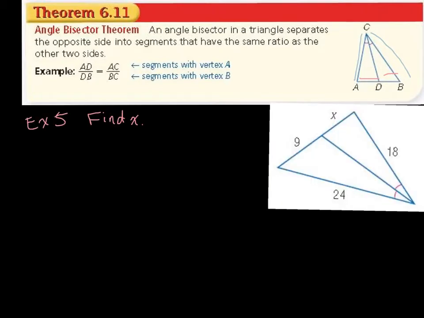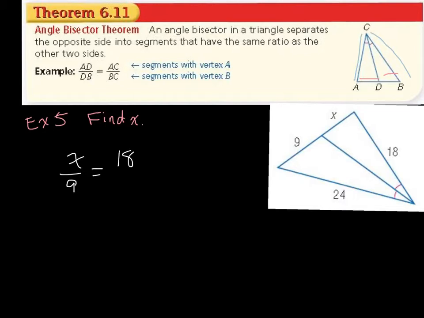I like simple directions. They just said find x. So using Theorem 6.11, we could set up a proportion that x is to 9. So that's bottom part to bottom part. The side adjacent to the x here is the 18. The side adjacent to the 9 is 24. So we're going to go in the same direction.